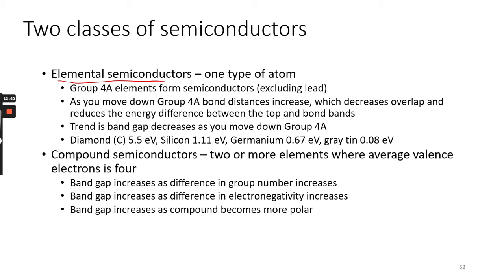As you move down group 4A, the bonding distance increases, because your atom is getting larger. If the bonding distance is increasing, then you have a decrease in overlap of your orbitals.